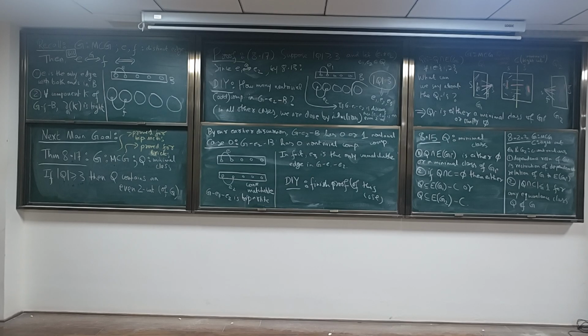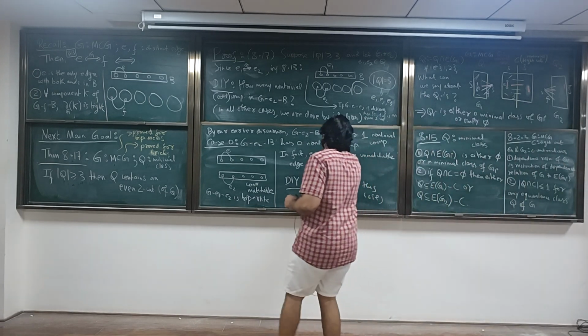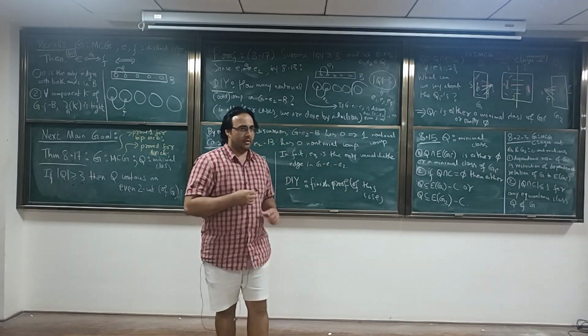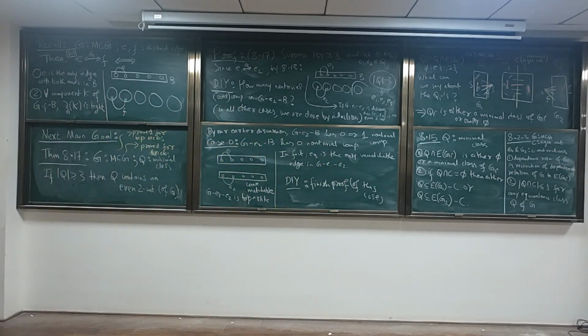Right, so use the fact that E3 is the only unmatchable edge. I think I wrote that somewhere. E3 is the only unmatchable edge in G minus E1 minus E2. That means that in your drawing, there would be no other edges going from top left to bottom right.